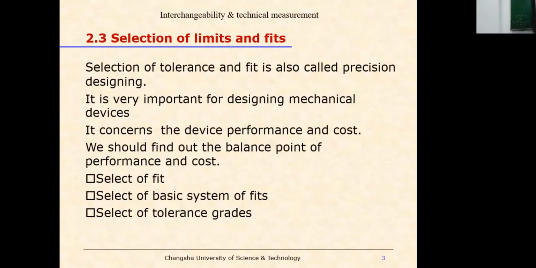The first one, select a fit. The fit is like the three fits, right? Clearance, interference, transition. And then we select a basic system of fits. What's the basic system of fits?